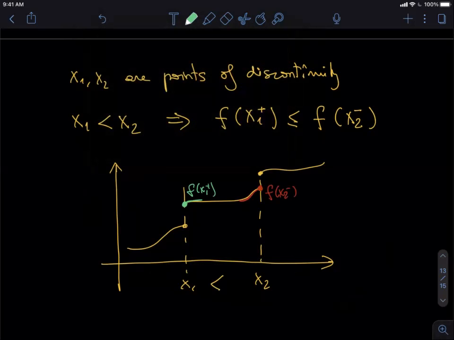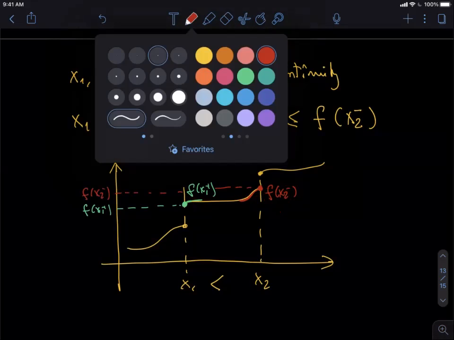Translated to the axis, we have f of x1 plus, and then f of x2 minus. Now, these two could be equal in only one case, when the function is constant in this part. It cannot happen because f is increasing. It cannot happen that f of x2 minus is smaller. So that's it.